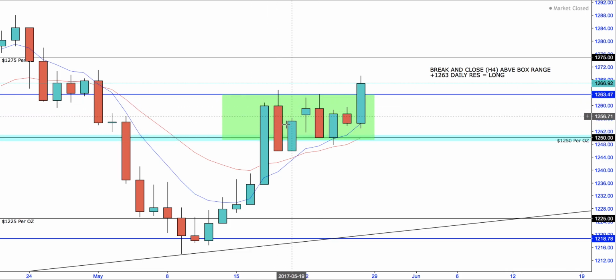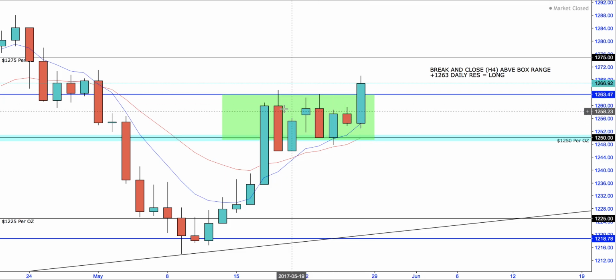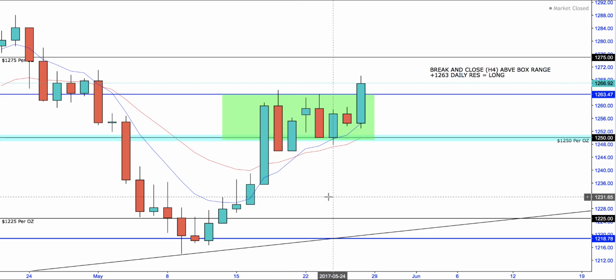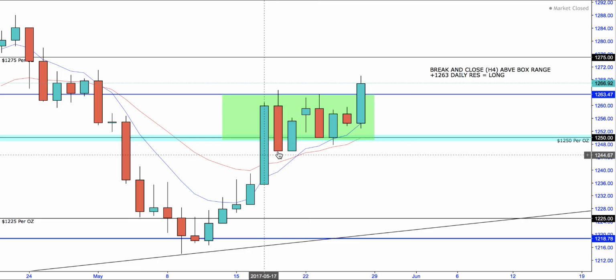So where the market was accumulating positions, relaxing, so to speak, boom, Friday comes along and we engulf the entire range. So the engulfment tells me the momentum has come back into play from where it was relatively dead over here.